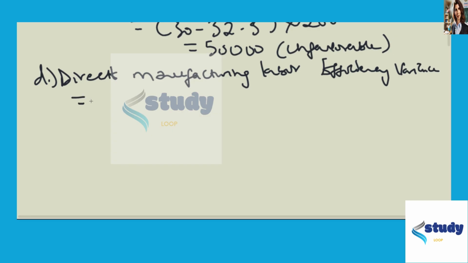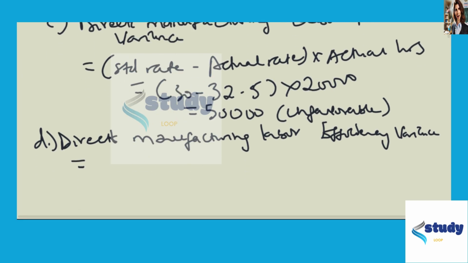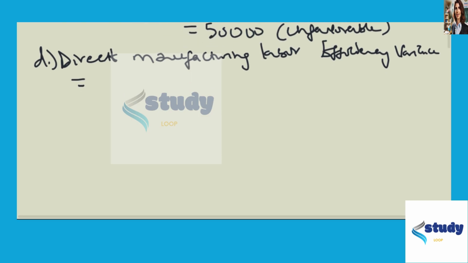This is equal to the standard hours minus the actual hours multiplied by standard rates.